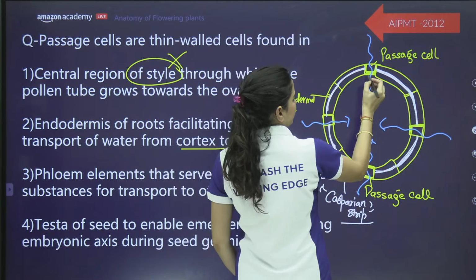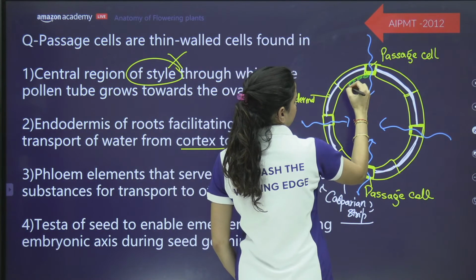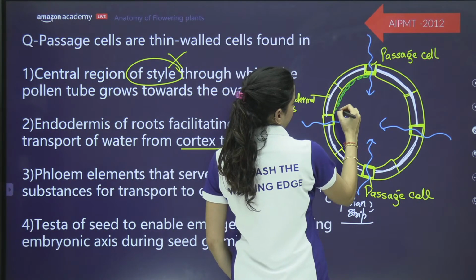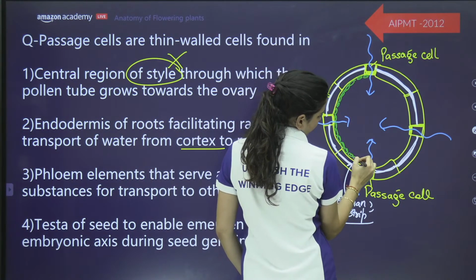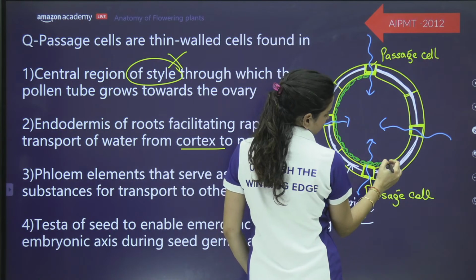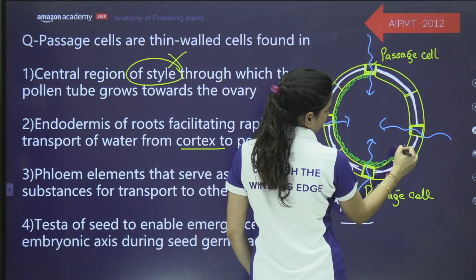Because pericycle will be the first layer here. ये जो मैं बना रही हूँ, this first layer of cells.